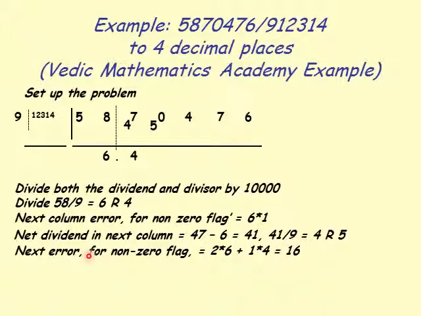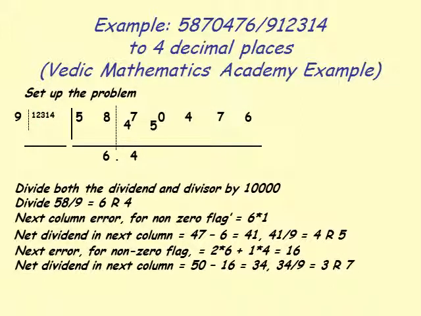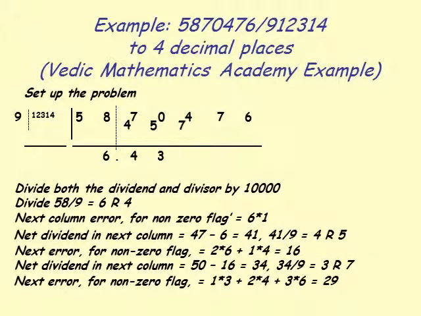Next error: I have 2 digits of the quotient, and I'm going to multiply with the 2 digits of the flag digits. So that gives me 2 times 6 plus 1 times 4, which is 16. Now I would subtract that from the next dividend position. 50 minus 16 is 34. And 34 divided by 9 is 3, remainder 7. Let's continue here.